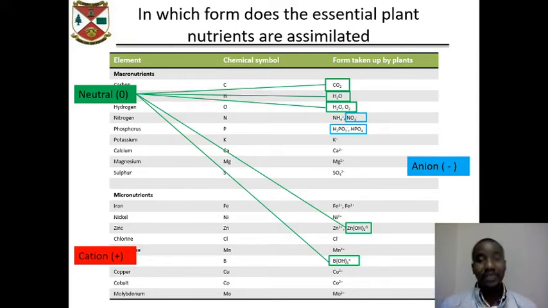But here in soil fertility, we call them orthophosphate species or orthophosphate anions. So both of them are anions, okay, they are negatively charged. And sulfate is an anion, chloride is an anion.